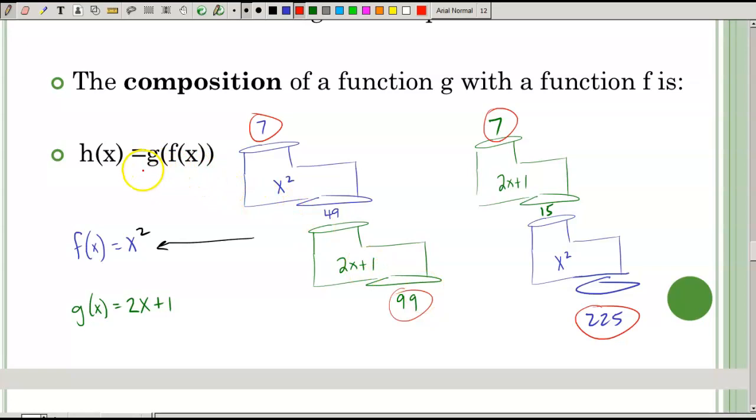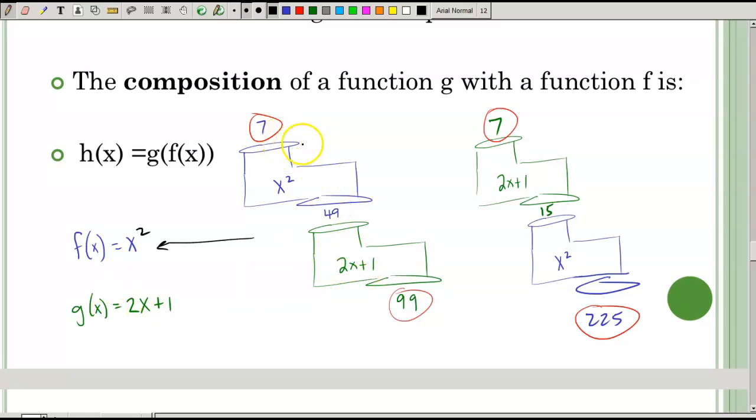Now you'll notice that there's this notation right here. Let me show you side by side what the notations mean. In this example, the blue function is what we're calling f, or f of x. The green function is g of x.